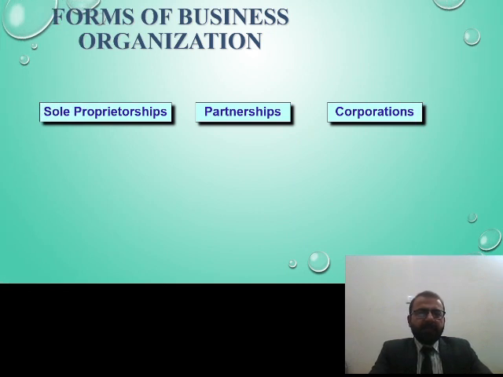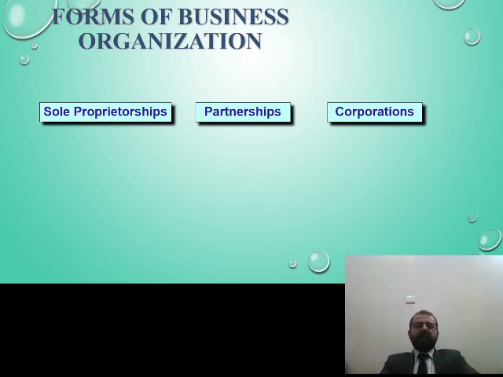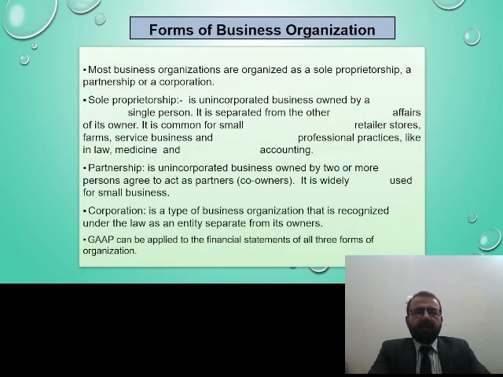Forms of business organizations. We have three types of business organizations. Number one is sole proprietorship, number two is partnerships, number three is corporations. Most business organizations are organized as a sole proprietorship, a partnership, or a corporation.